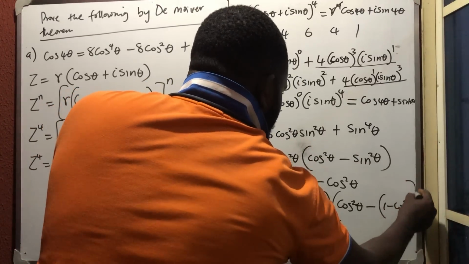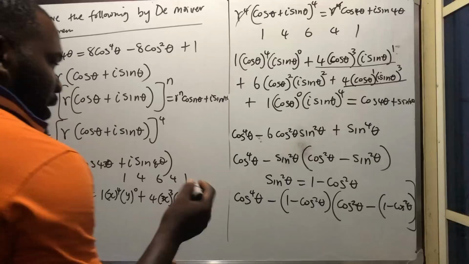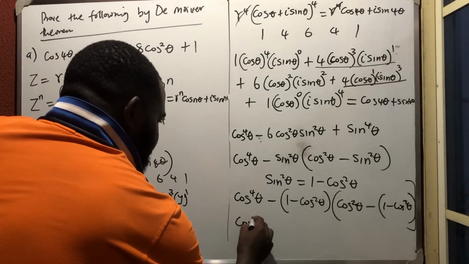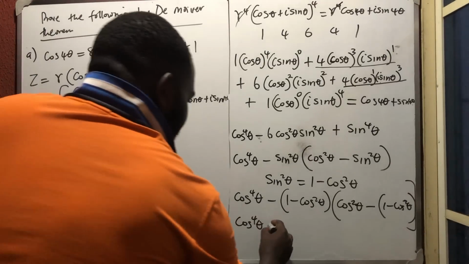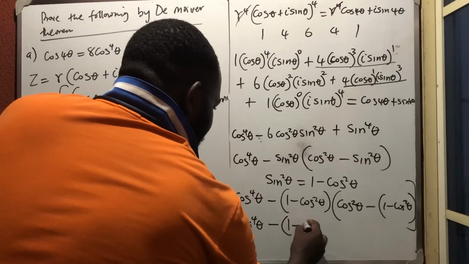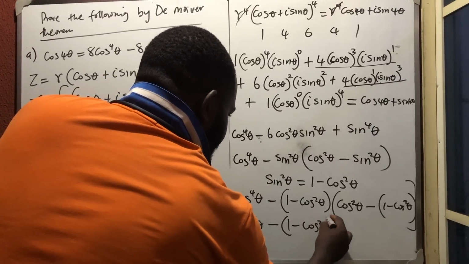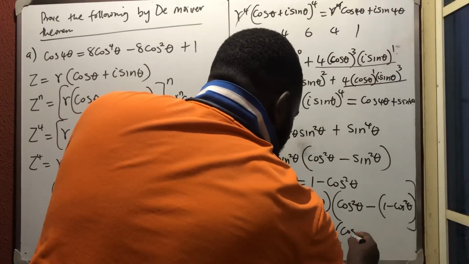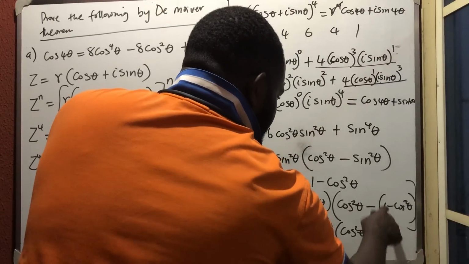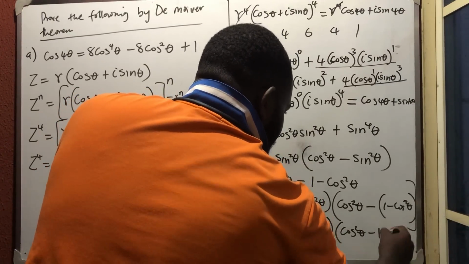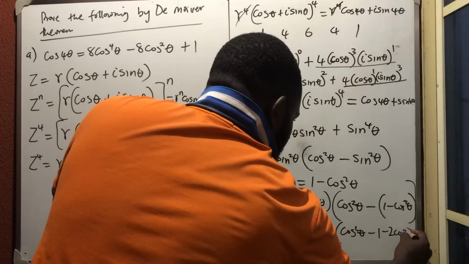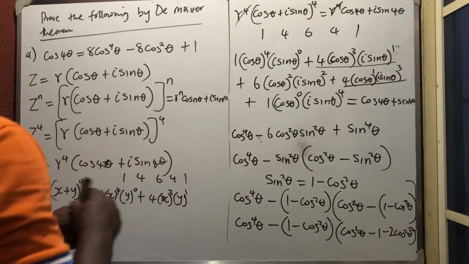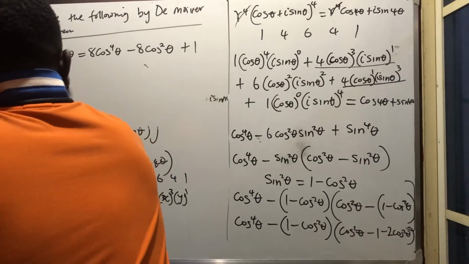So you close again. So now let me open. So I'm going to have cos 4 theta, okay, minus in bracket of 1 minus cos square theta in bracket of, here is going to give me cos square theta, this time this, minus 1, this time this, minus 2 cos square theta. Okay, so permit me to clean here.